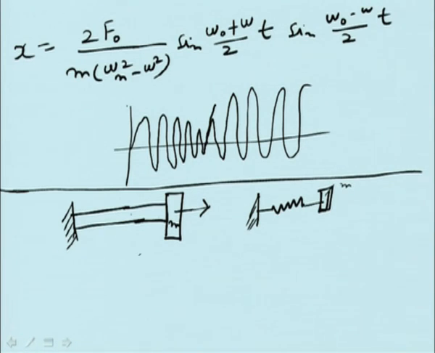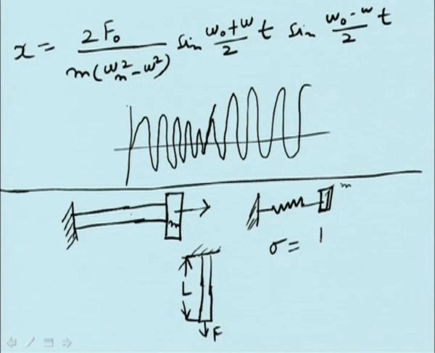Now here, supposing you are applying a force, this is a rod of length L, and this is the force F. The cross-sectional area is A, so the stress is equal to F by A and the strain is equal to F by A divided by E, where E is Young's modulus of elasticity.